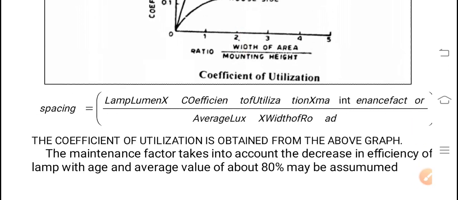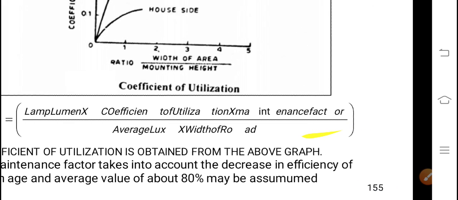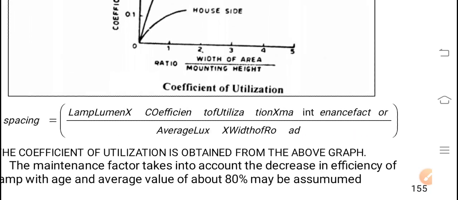Then spacing is equal to lamp lumen multiplied by coefficient of utilization multiplied by maintenance factor, divided by average lux multiplied by width of road.